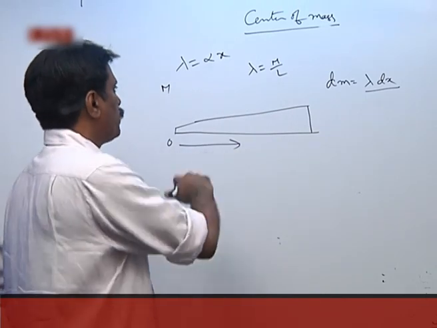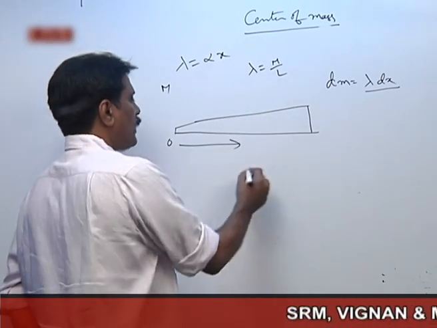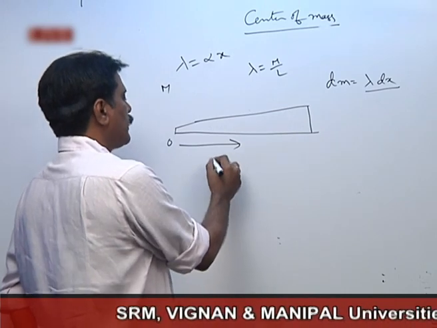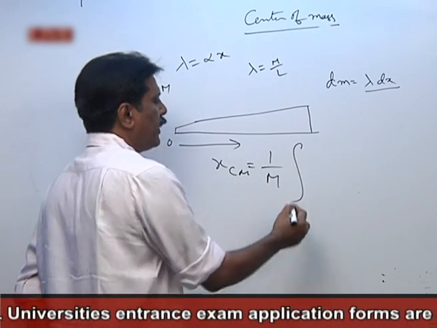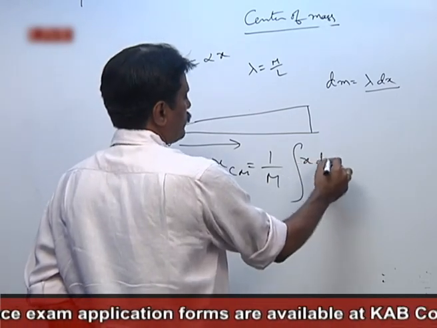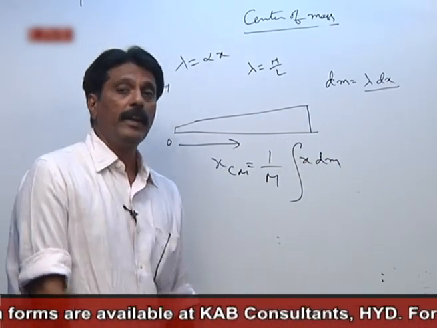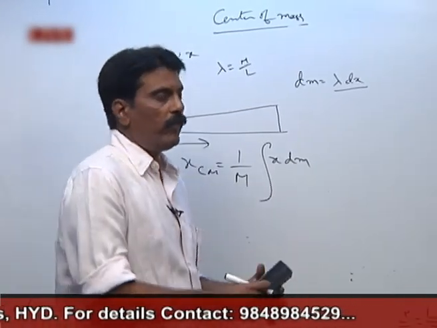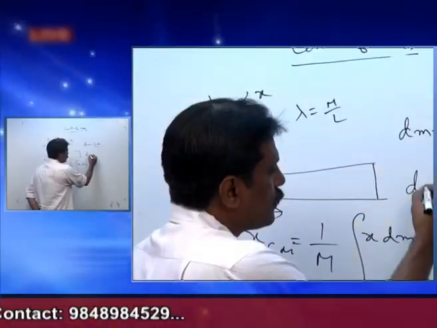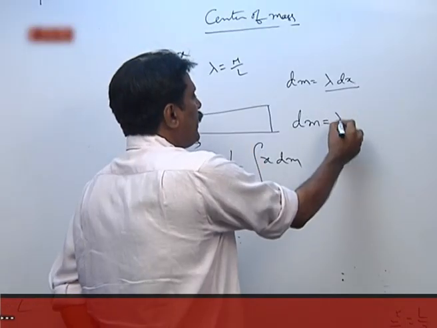In this case, the same relation should be applied. X center of mass is equal to 1 by m integral x dm. As I told you already, first find the dm value. dm will be equal to lambda into dx.